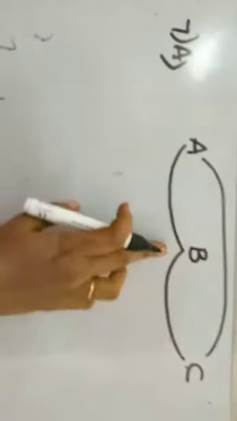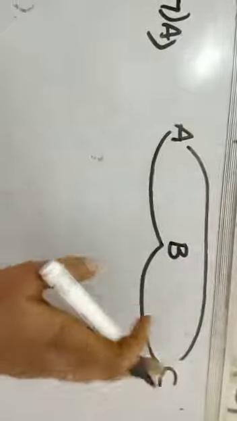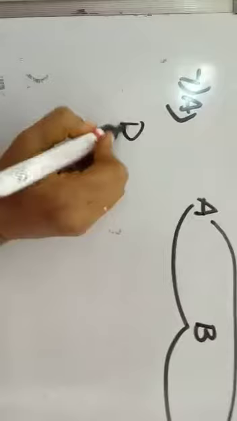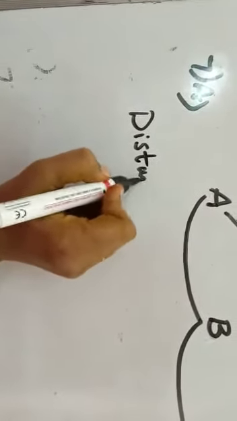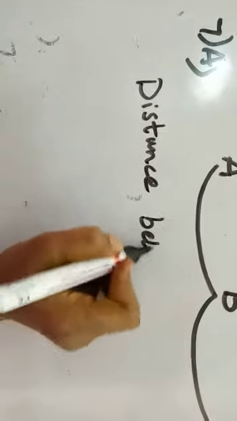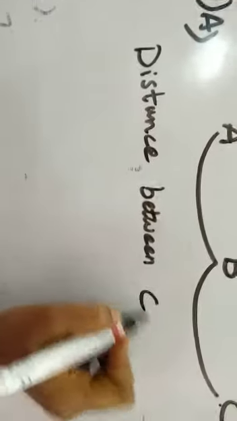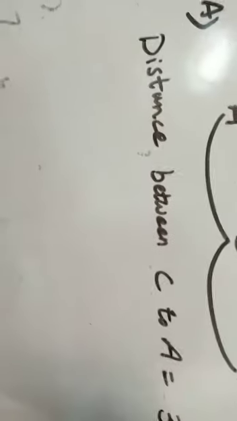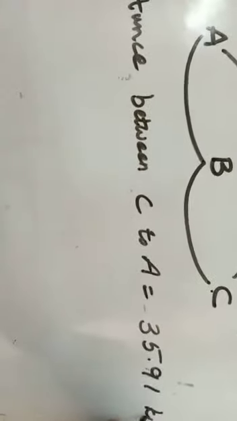Then you will find out whether it is less or more. Okay. So firstly, if he goes from A to C without going through B, A to C directly, not through B, then what is the distance between C to A? What is the distance we have? C to A is 35.91 kilometers.